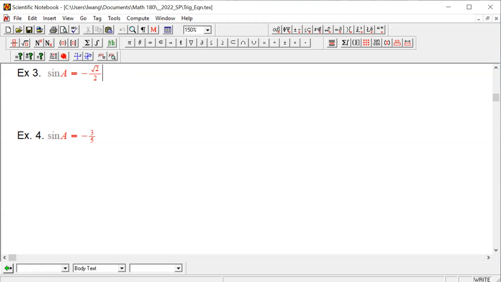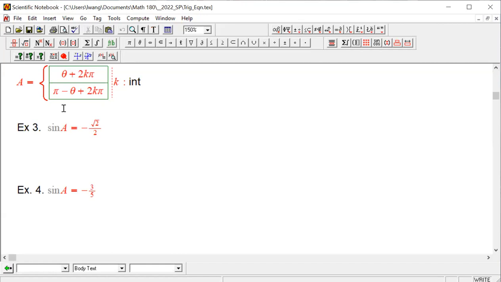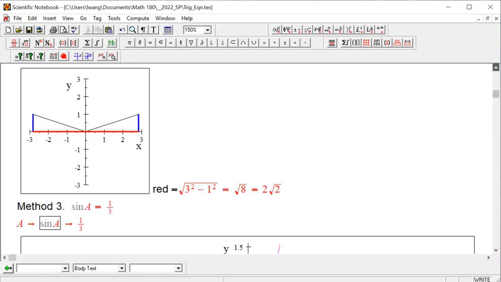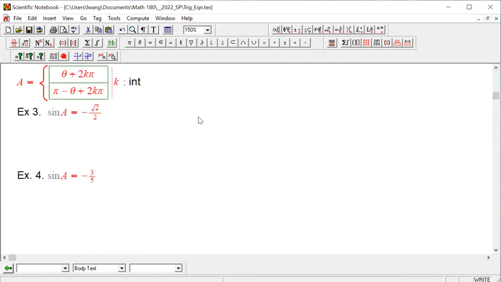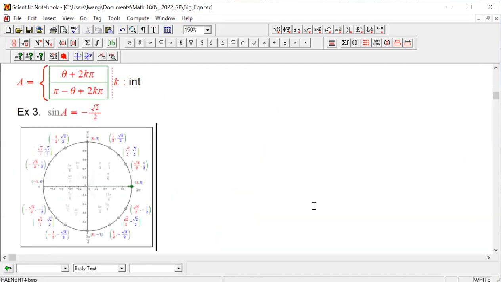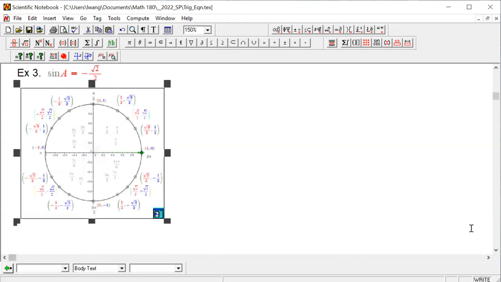And we know this is going to be a special angle, right? And once again, we can use any one of the 3 methods. And from the unit circle method, let me bring my unit circle here. And we know the output, right?